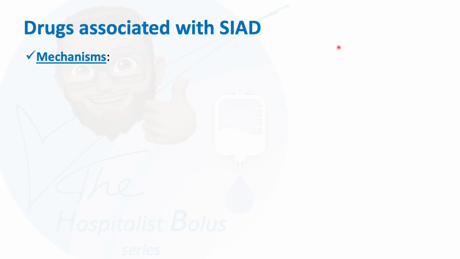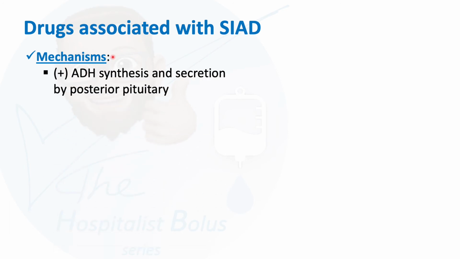The second category is drug-induced SIAD. Drugs can cause SIAD in different ways. Some of them stimulate the ADH synthesis and secretion by the posterior pituitary, as we discussed in the previous video. Some of them might enhance the ADH action on the kidneys, and for most of them the mechanism is actually unknown.